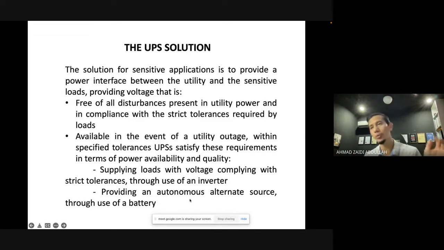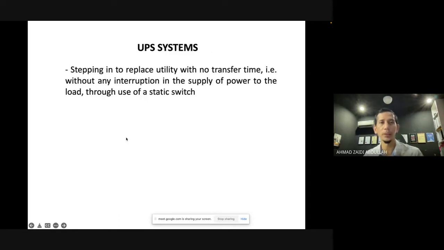Autonomous meaning that when we have an outage, it will automatically switch to the UPS to back up the load. The UPS system steps in to replace the utility with no transfer time, without any interruption in supply of power to the load.